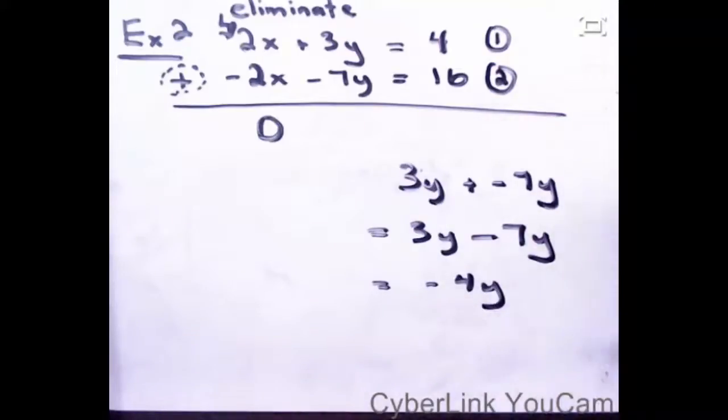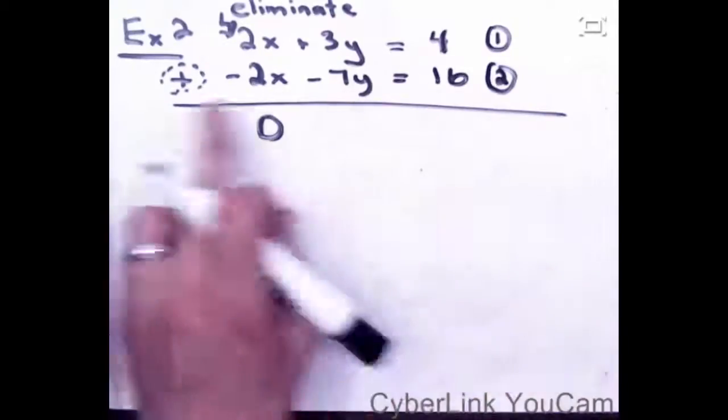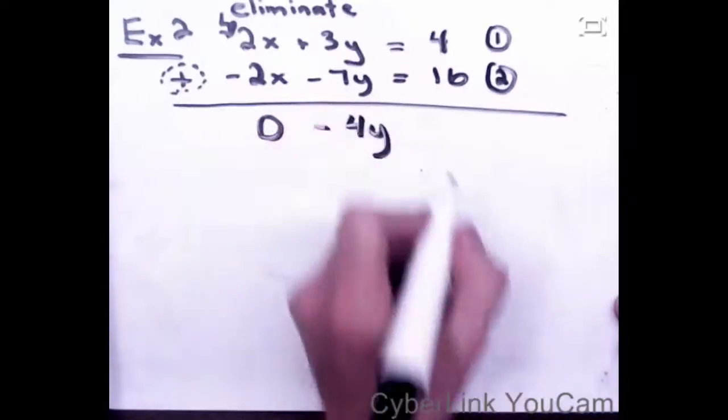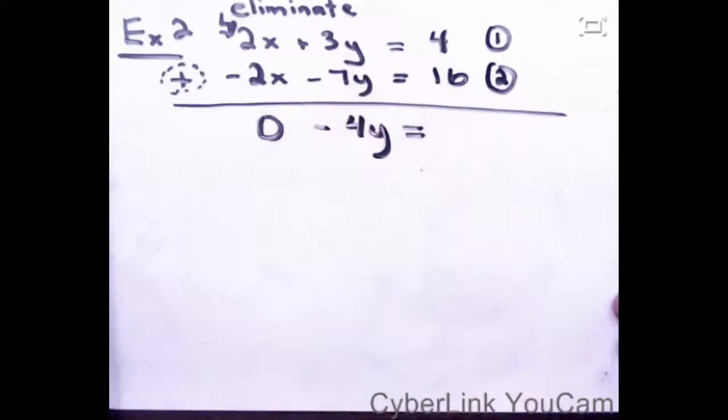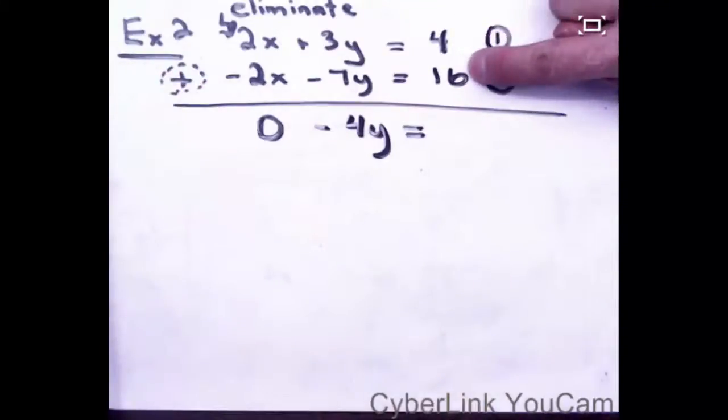Okay, so this should go on in your head, or you use your calculator. 3 subtract 7. Okay, so 3y plus minus 7y is minus 4y. Carry the equal sign down. Okay, then it's 4 plus 16, 20.